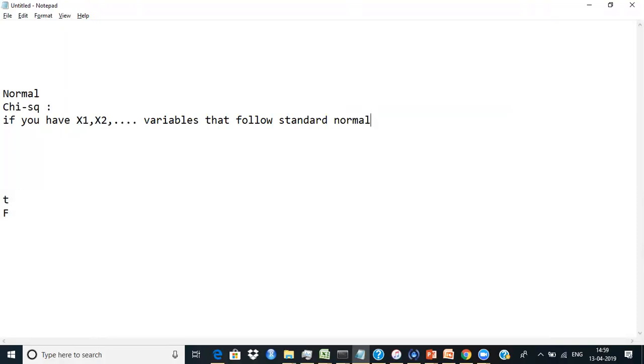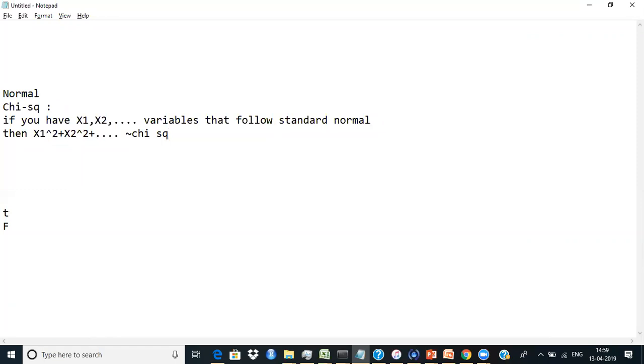If you have a number of variables that follow standard normal, then x1 to the power 2 plus x2 to the power 2 plus dot dot dot will follow a chi-square distribution.